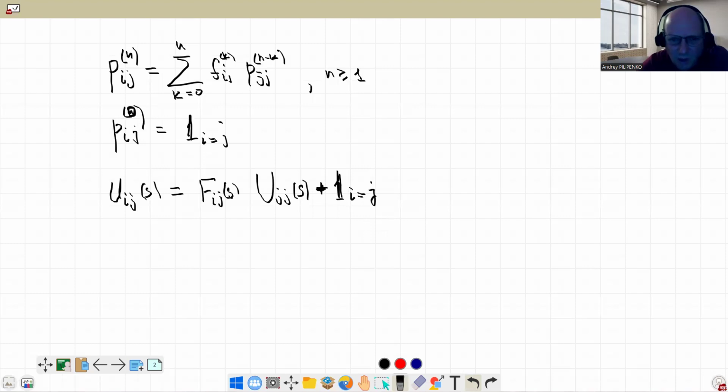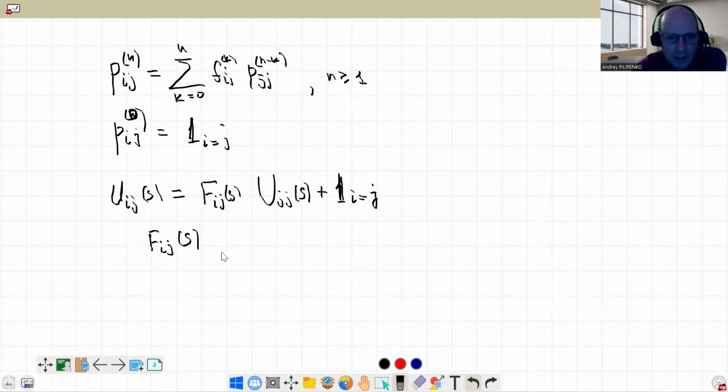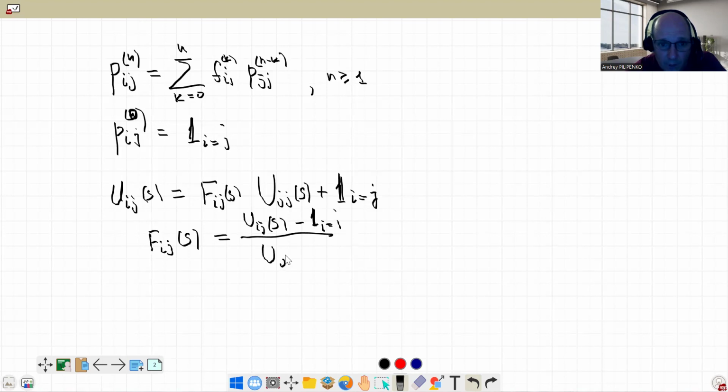Let me think. Yes, with plus, certainly. So Fij(s) is equal to the ratio: Uij(s) minus this indicator over Ujj(s).